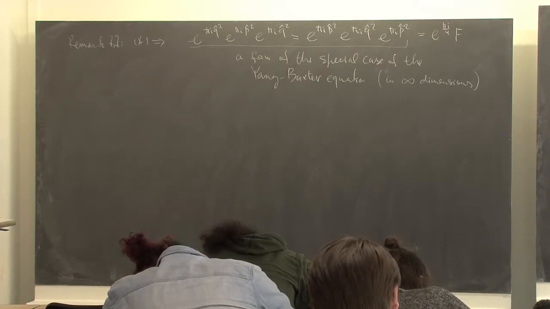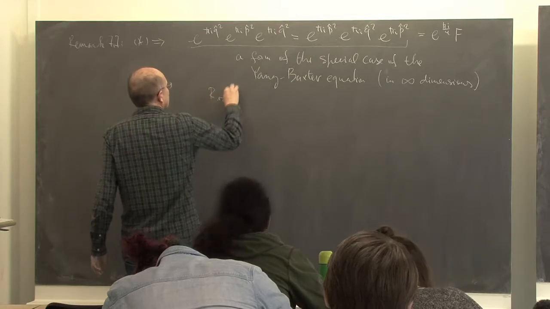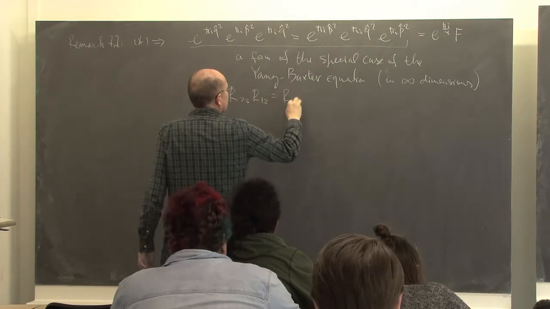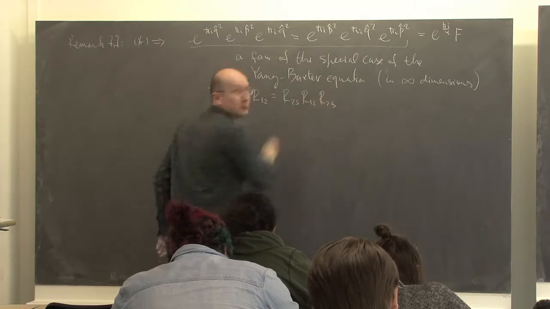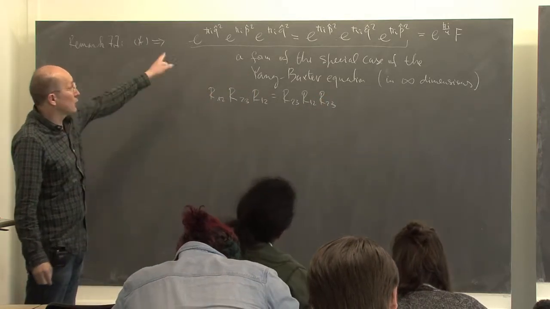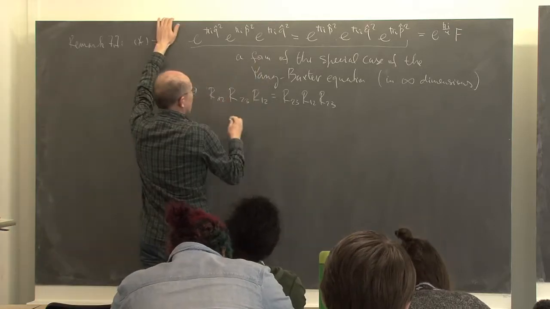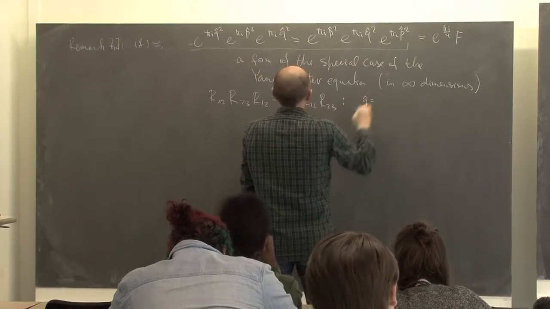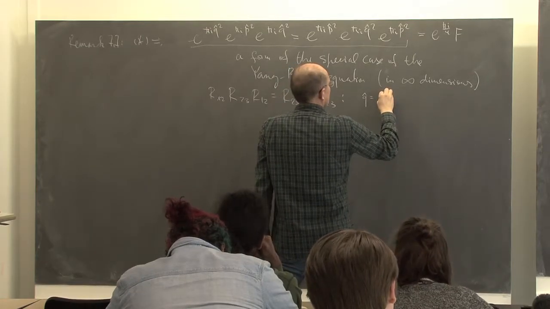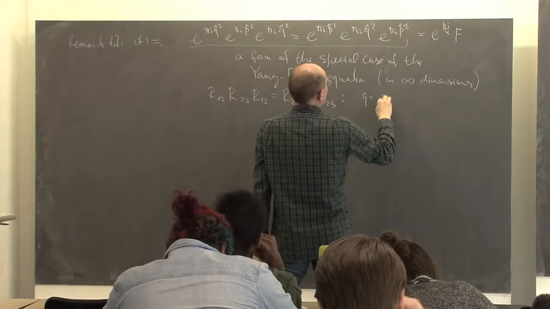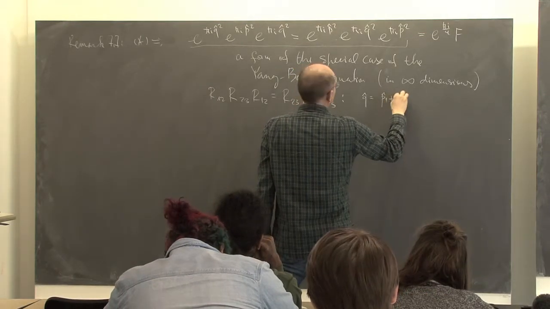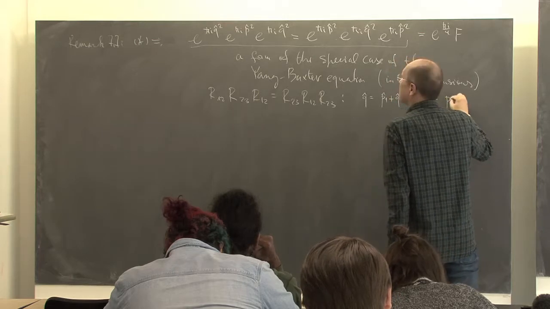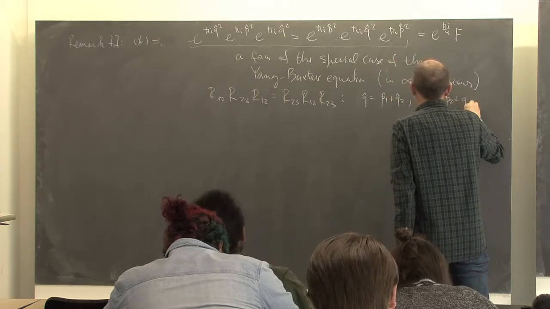But usually we write the Yang-Baxter equation in this form: R12, R23, R12 equals R23, R12, R23 with the tensor components. And we can write it exactly this way by realizing Q to be P1 plus Q2 and P to be P2 plus Q3.